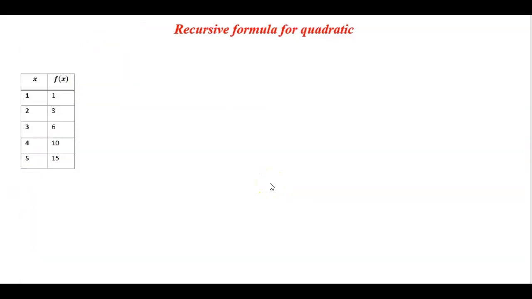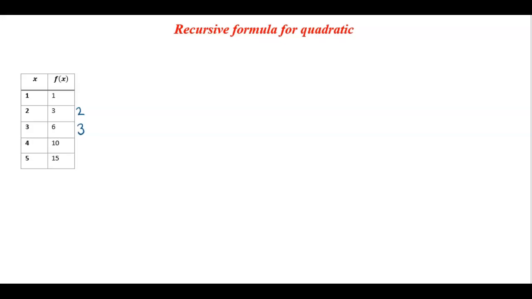All right, so here's another example. Let's first check to see if it is a quadratic. So we know from 1 to 3 we add 2. 1 plus 2 is 3. And from 3 to 6 we add 3.